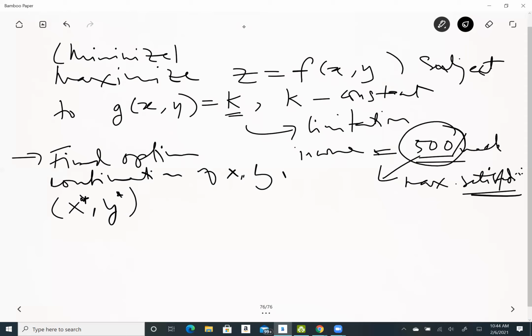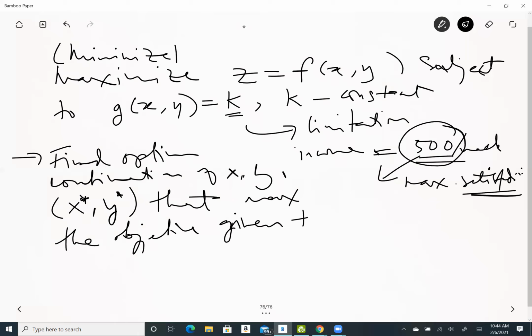That maximizes your objective given the constraint.